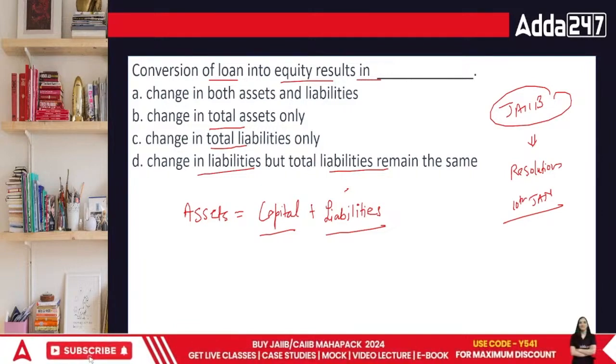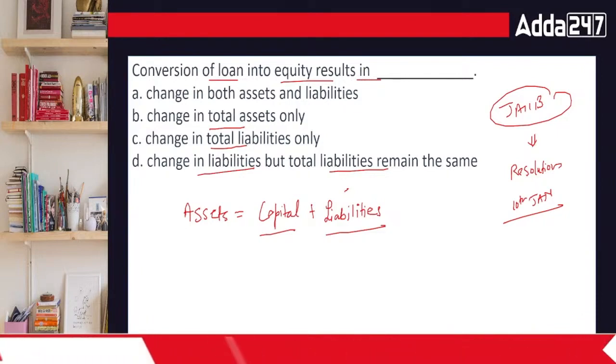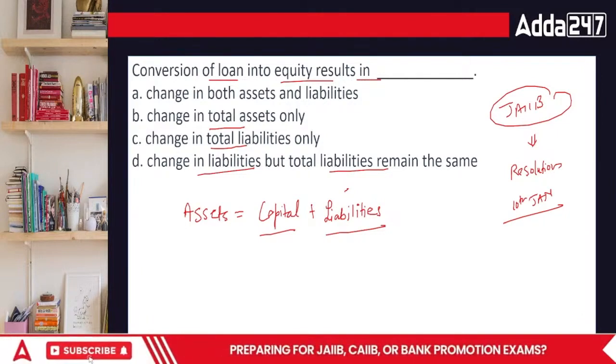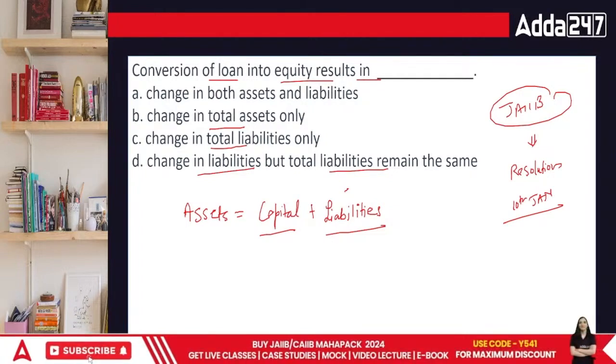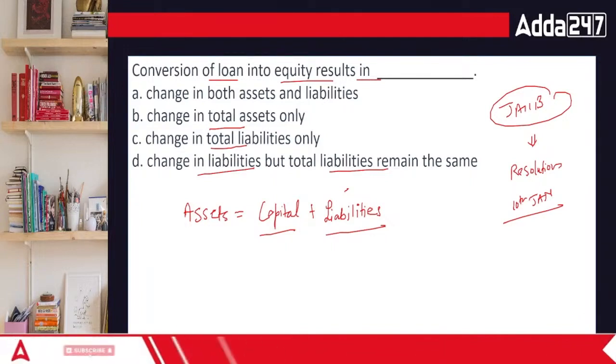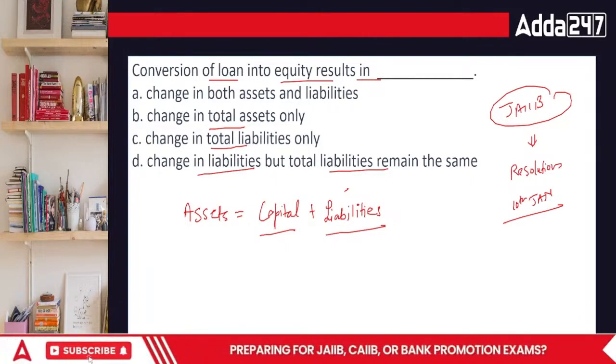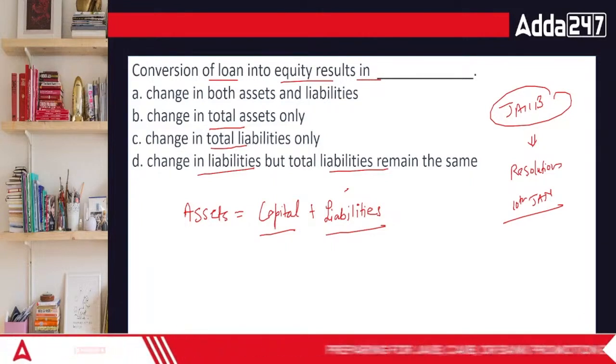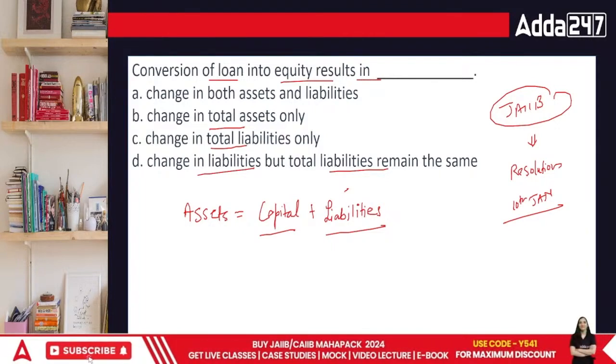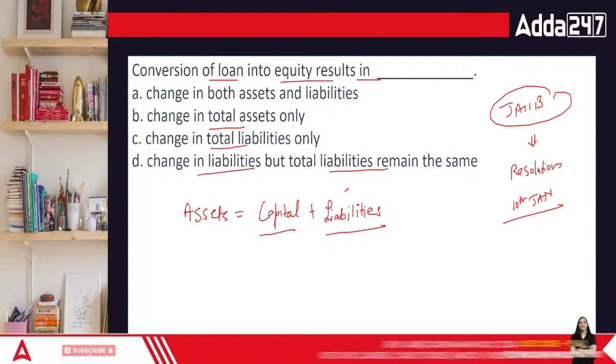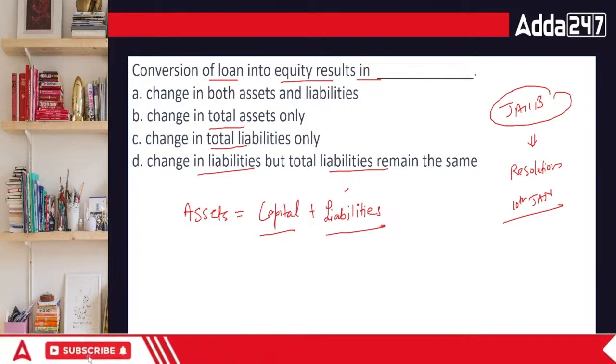What's the next pointer? Conversion of the loan. Now we are talking about assets is equal to liabilities plus capital. The question has said that loan is converted into equity.